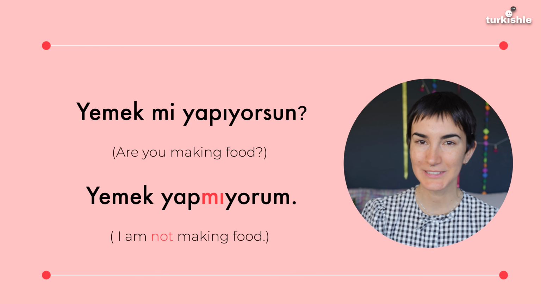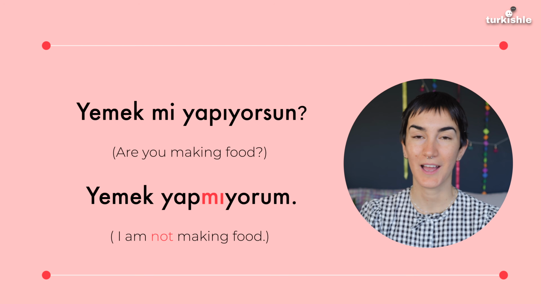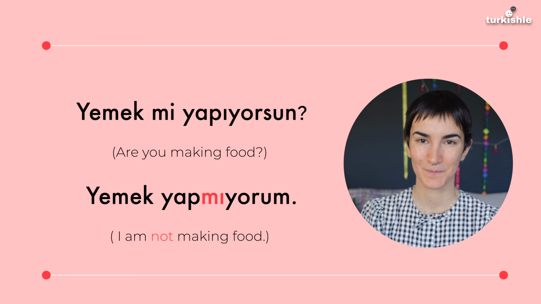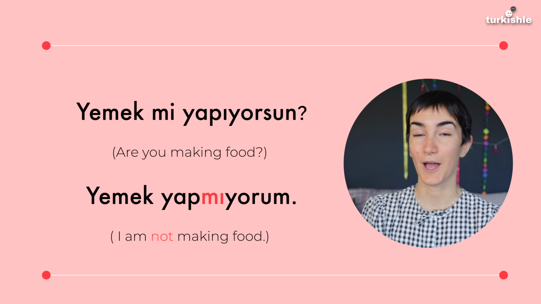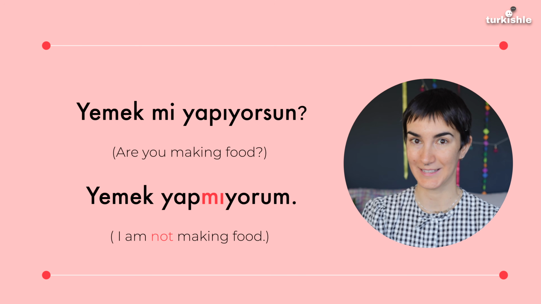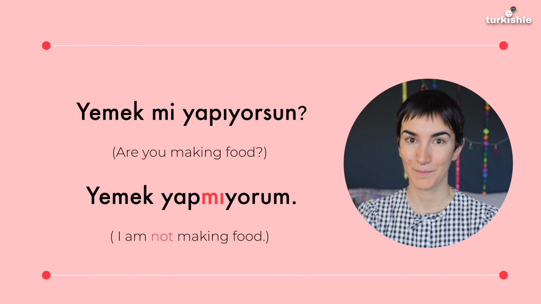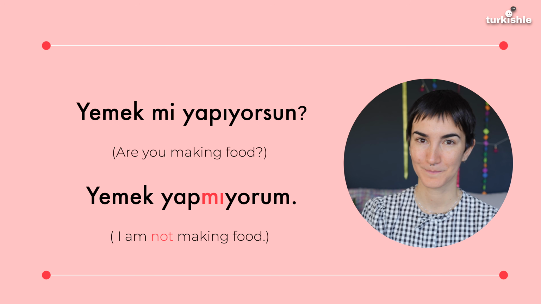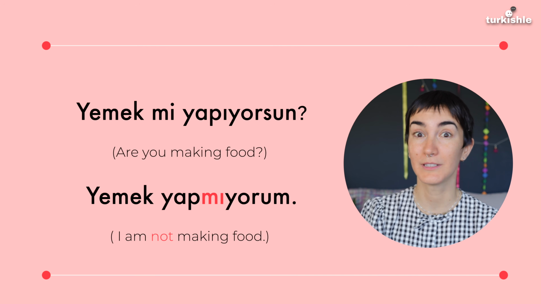This little m in the verb is our negative suffix. So it goes after the verb stem and before the tense ending. Yemek yapmıyorum. So this is how you make sentences in Turkish.